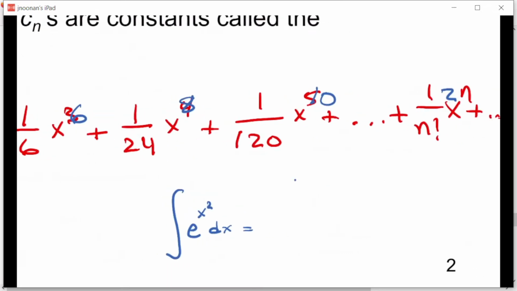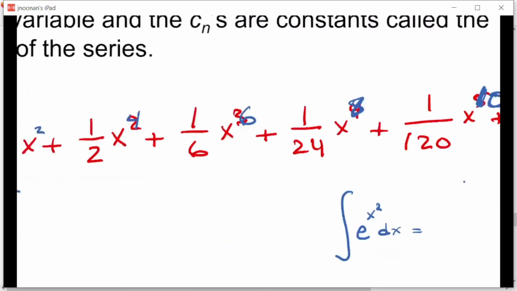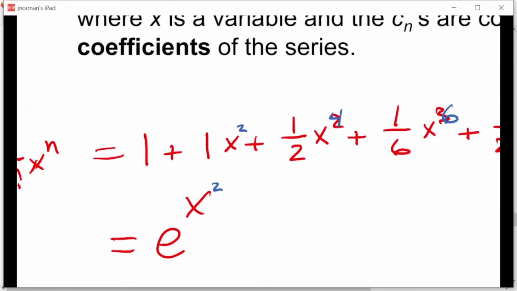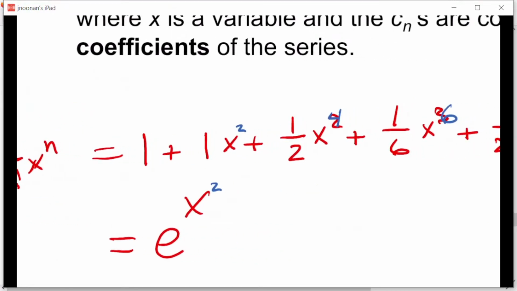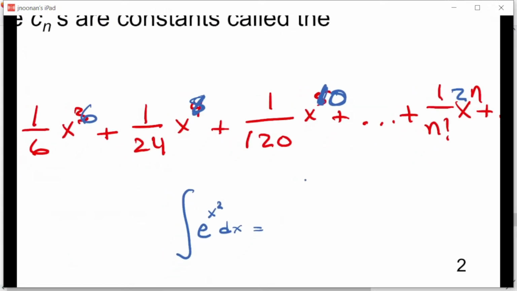So you've changed the exponents, and then you can do the antiderivative of that, which is also yucky, but at least it has purpose in its yuckiness. Heretofore, you didn't have any way of finding this antiderivative. But now we have a method. We can write it as a series and do the antiderivative of the series.